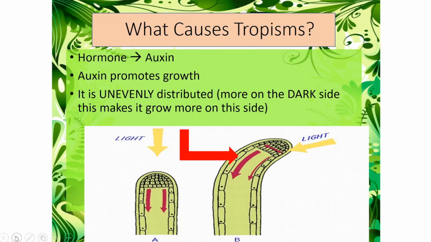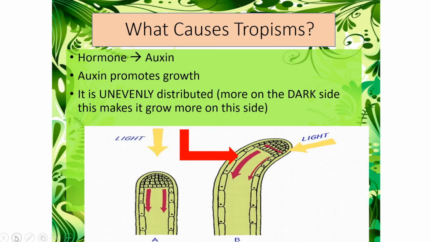So what actually causes tropisms? Well, if we look at the detailed structure inside a shoot, we can see that the tip of the shoot is made up of many cells, particularly right at the very tip of the shoot. The hormone that controls the growth of the plant is called an auxin. And auxin promotes growth. In other words, it causes the cells to elongate to get bigger quicker. If light comes from the top of the plant to the shoot, then all the cells in the tip receive the same amount of light and they all grow equally, causing the shoot to grow upwards.